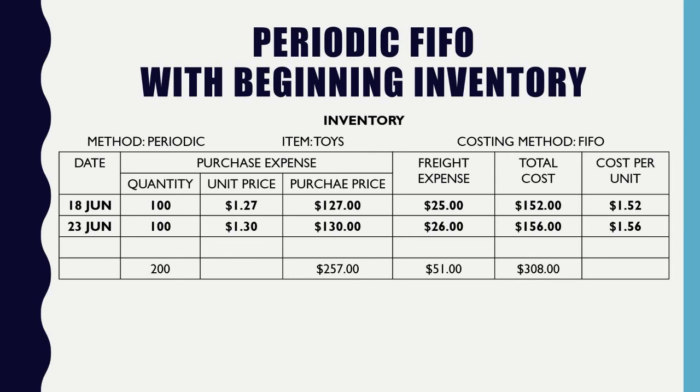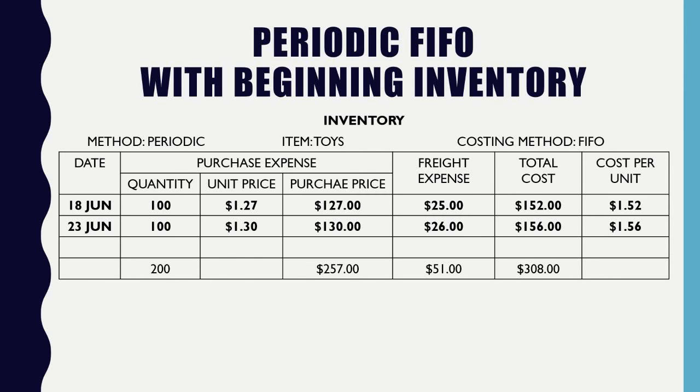So now we have our totals. We have a total of 200 items for the purchases that we made between the 15th all the way to the 30th. We have a total of $257 of purchases. And we have a total of freight of $51, which gave us a total of $308.